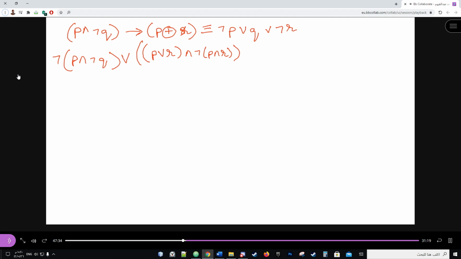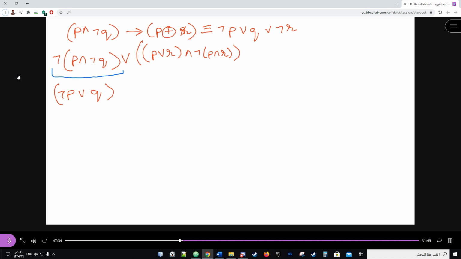So we use De Morgan's and the XOR. We have two terms. Let's bring the not in, so let's look at this term now. Applying De Morgan's law, I get this. Very good, not P or Q. Very good, Ali Habib.